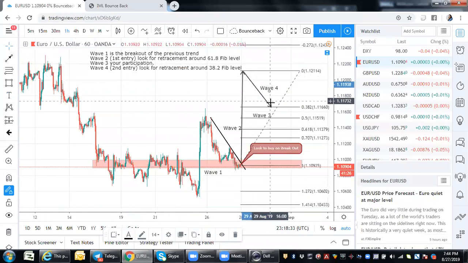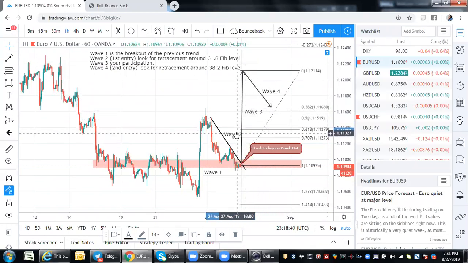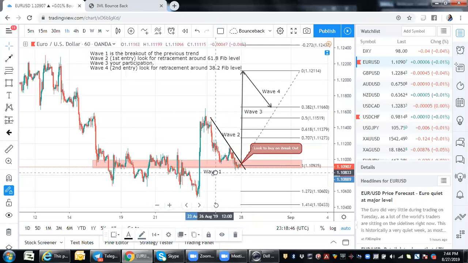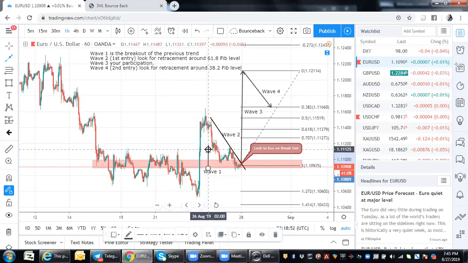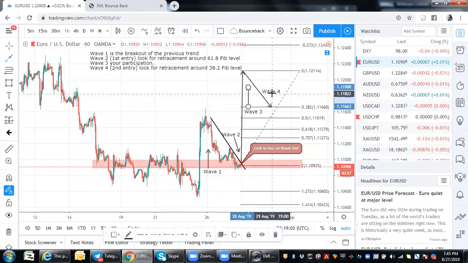I want to make this nice and simple for you. So you've got wave 1 going up, and I'll just put a little arrow on it for you. Wave 1, wave 2, wave 3, wave 4.